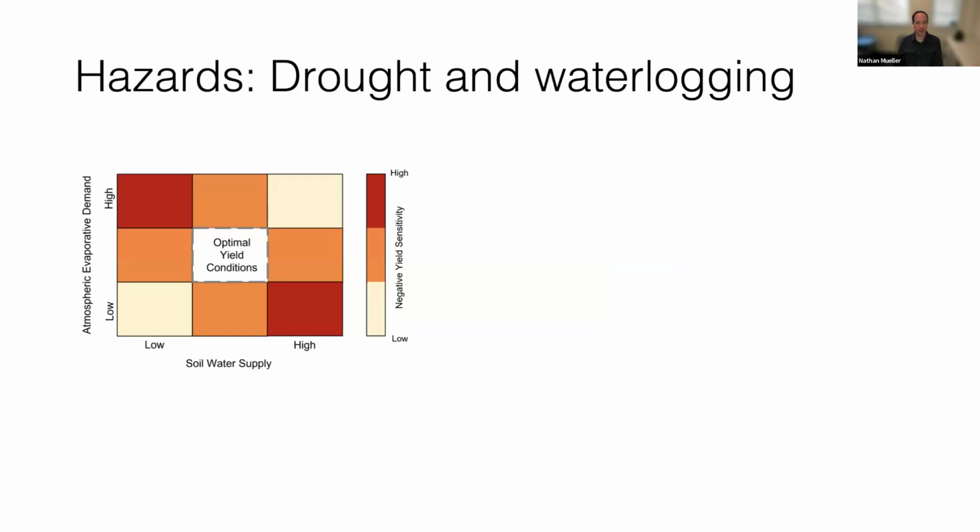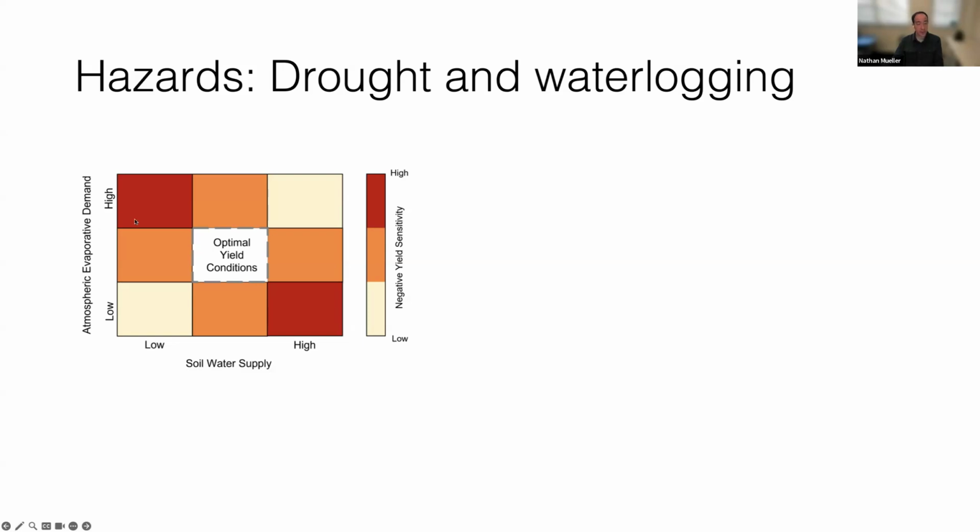All right, so this is our very simple framework here, kind of our mental model of what we expected this pattern might look like. So as we might expect, optimal conditions for crop yield to be somewhere in the middle of a decent amount of soil water supply, but not too much, not too little, and atmospheric evaporative demand, again, not too much, not too little.